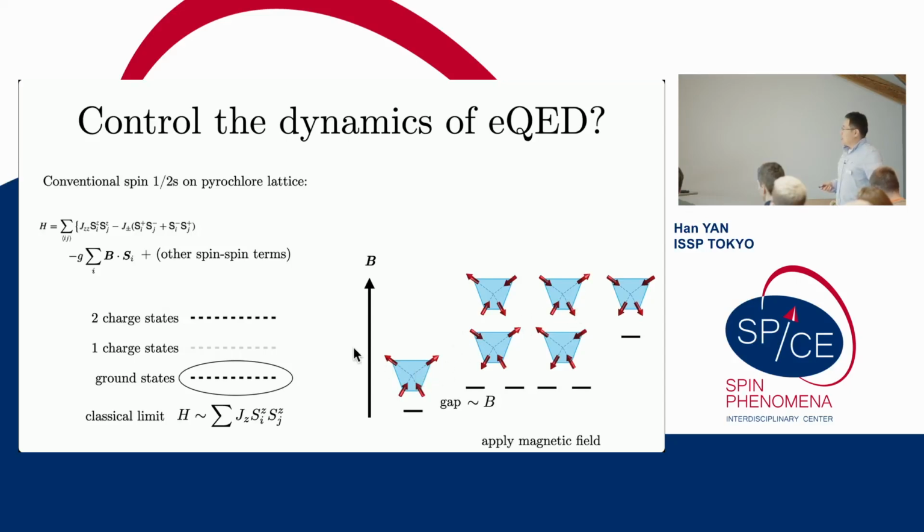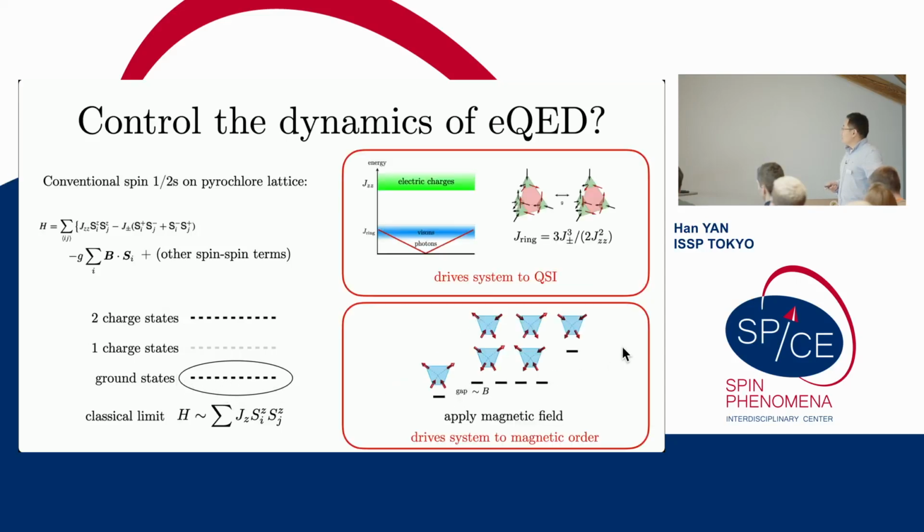So as you turn on the external field, you introduce this Zeeman coupling that lifts the degeneracy of these ground states, so they are separated away. This works against these loop flipping terms that try to generate matrix elements between these different classical ground states. Now the external field B simply separates all these different classical states in energy.